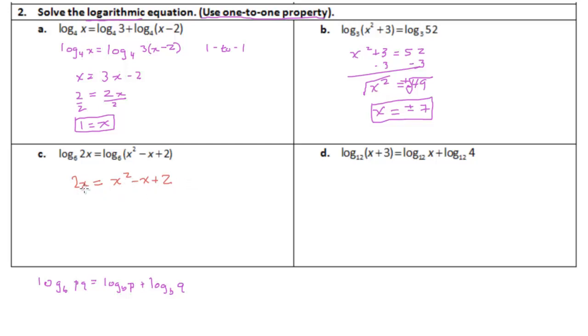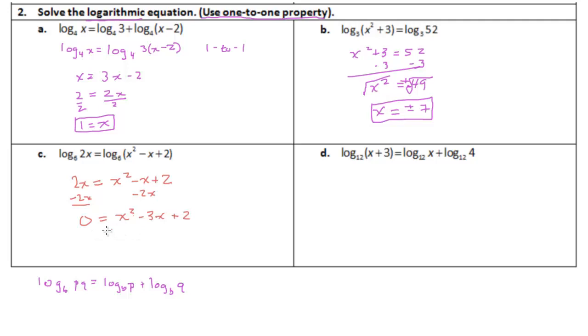Simplifying this, I'm going to subtract 2x from both sides. So I set my quadratic, I have a quadratic equation now here. This is going to be 0 on the left is equal to x squared minus 3x plus 2.